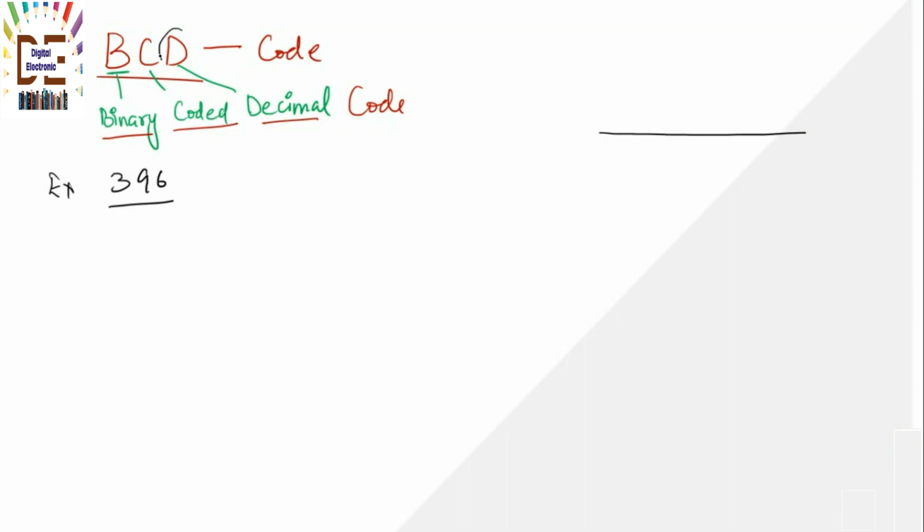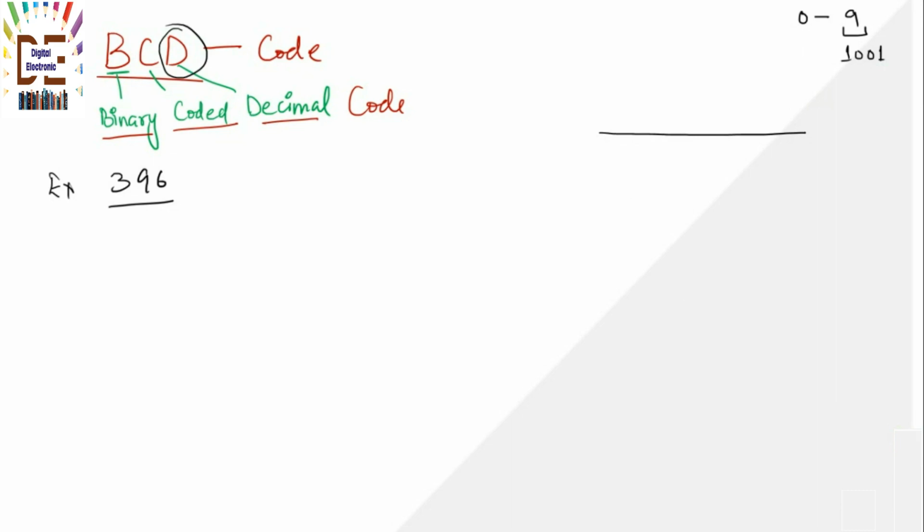When we are talking about decimal, how many digits can I represent? 0 to 9. If I want to represent 9, how can I represent it? 1001. That means when we are talking about binary coded decimal, we have 0 to 9 only.